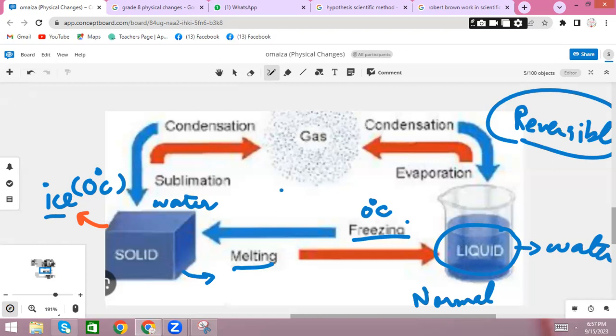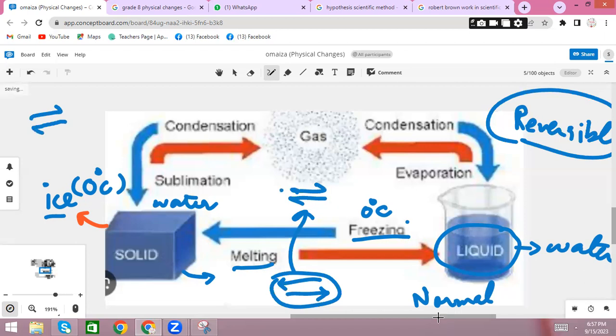So the reaction is in both directions. For this, most of the time we use this type of arrow, one in one direction, the other in the other direction.